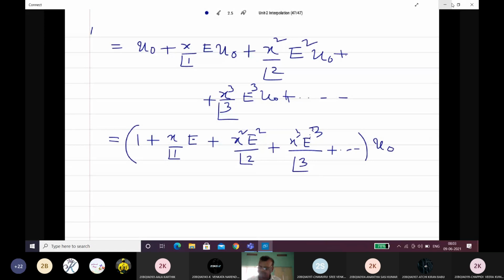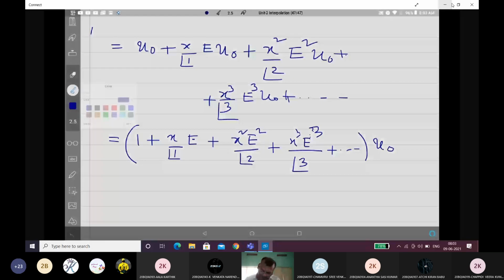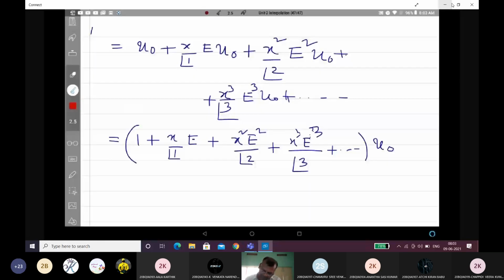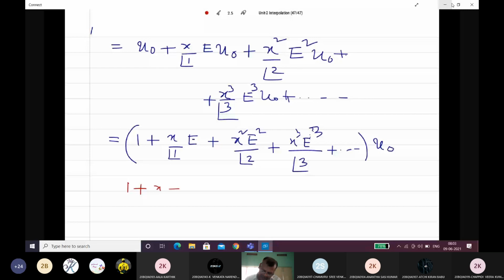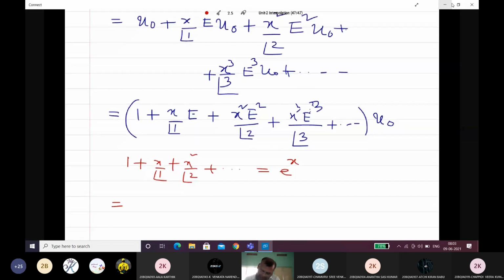And we have to observe that this is the expansion of e power x. What is the expansion of e power x? 1 plus x by factorial 1 plus x square by factorial 2 and so on. This is nothing but the e power x expansion. Here instead of x, xE is there. Therefore, we have to write this one as e power xE of u0.